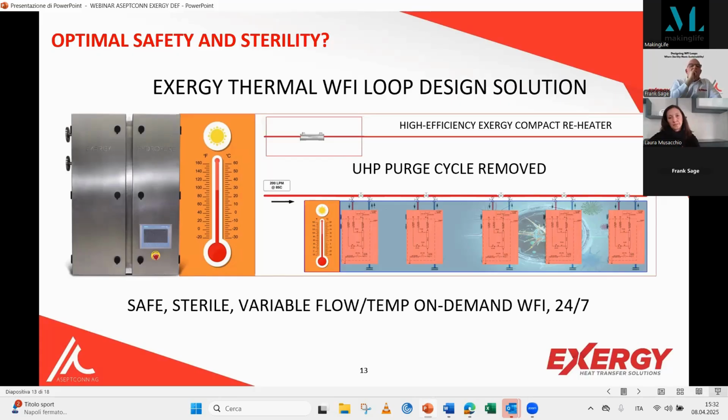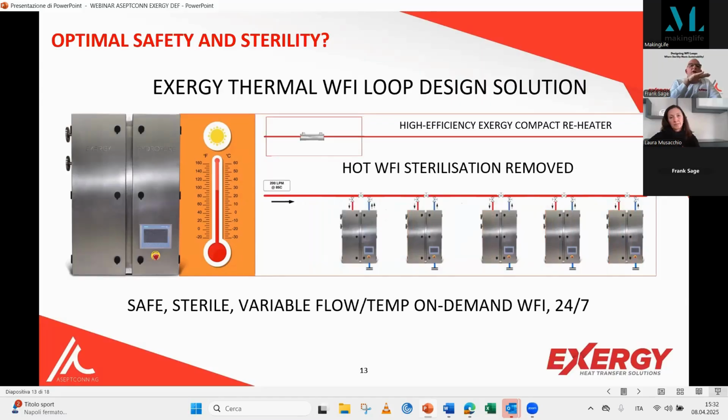So the hot WFI sterilization is removed. The ultra-high purity nitrogen purge is also removed. And 24/7 sterility is maintained. And I want to just dwell on this for a moment.